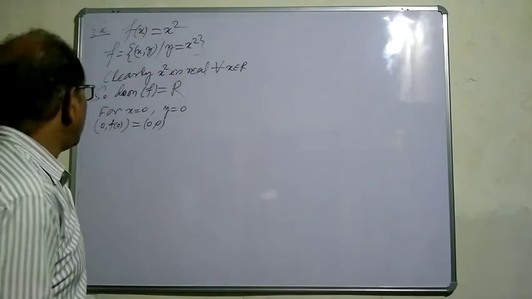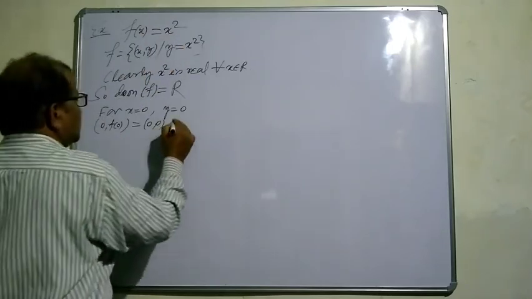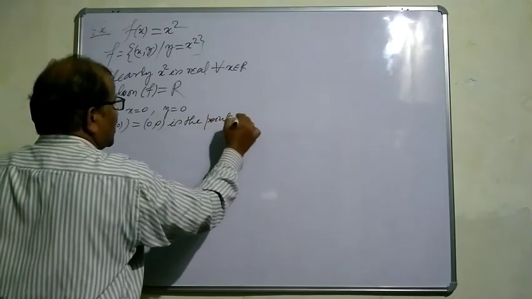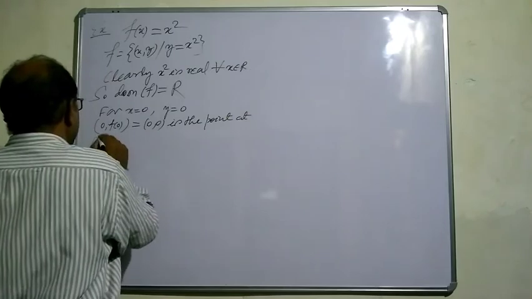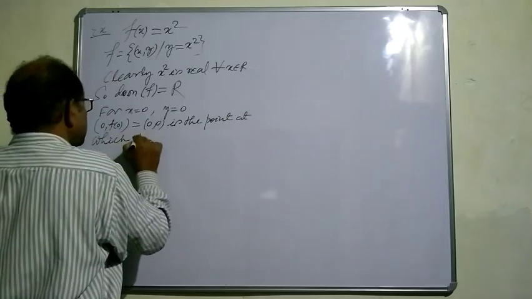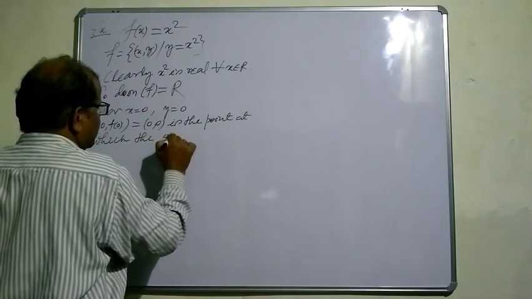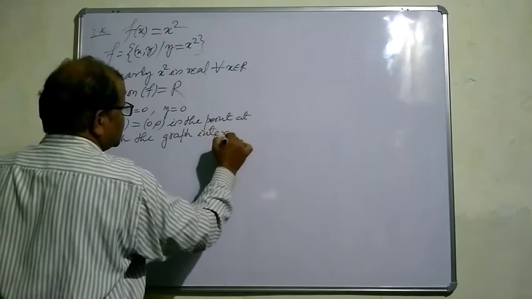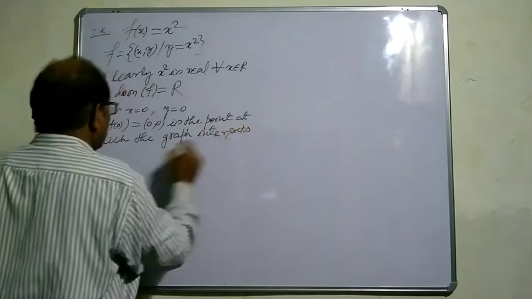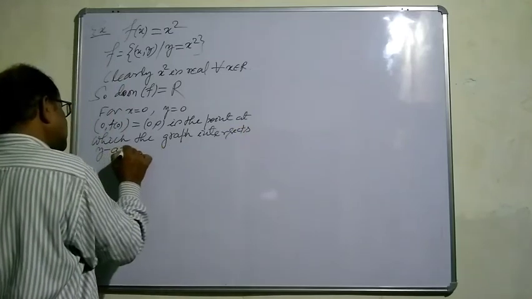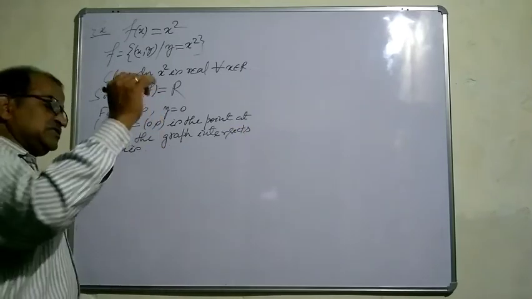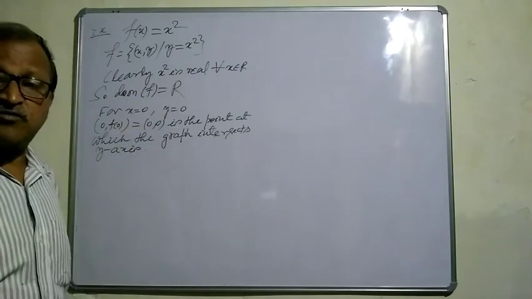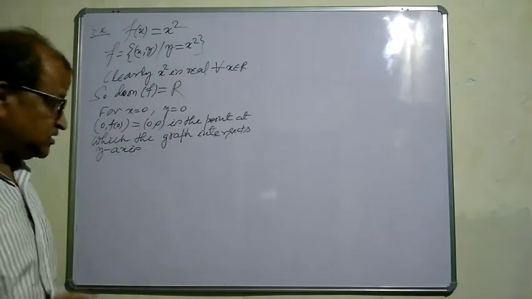So this is the point at which the graph intersects the y axis. (0, 0) is the point where it intersects the y axis.